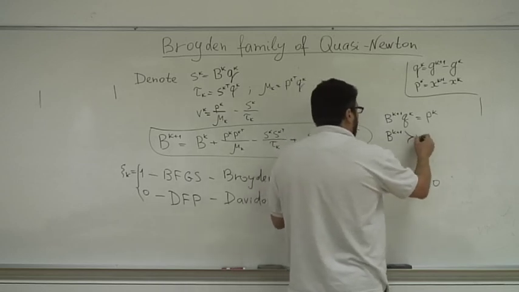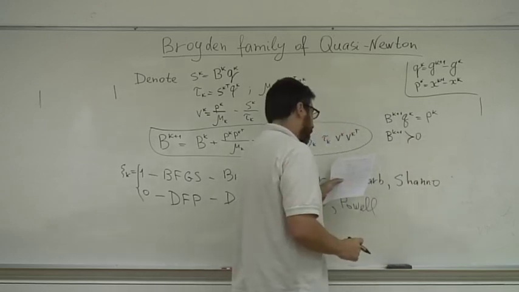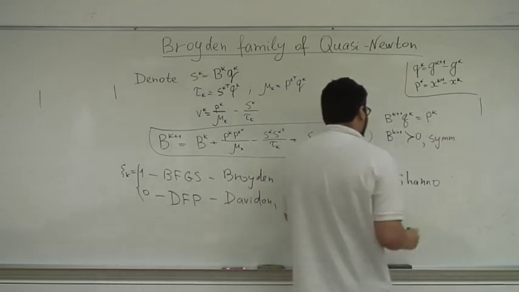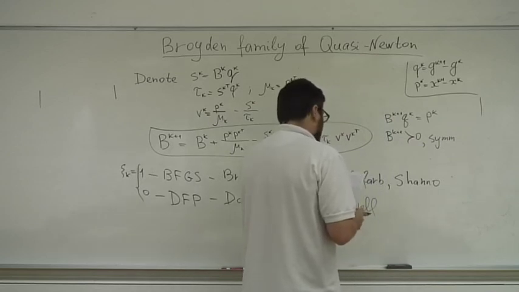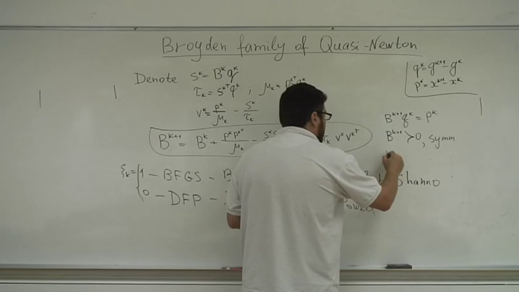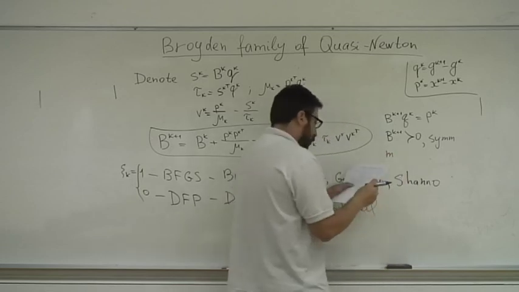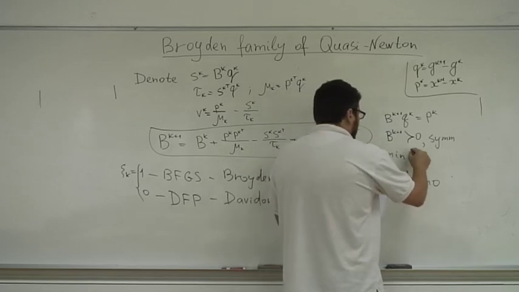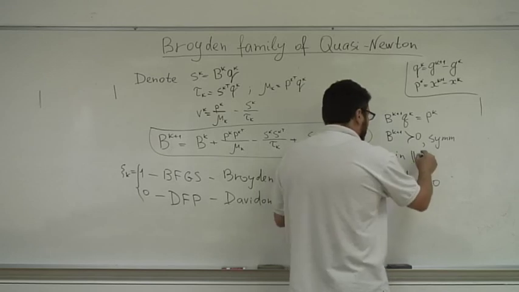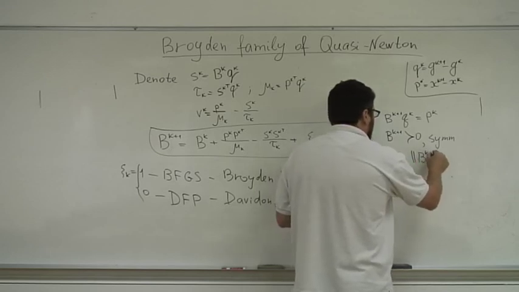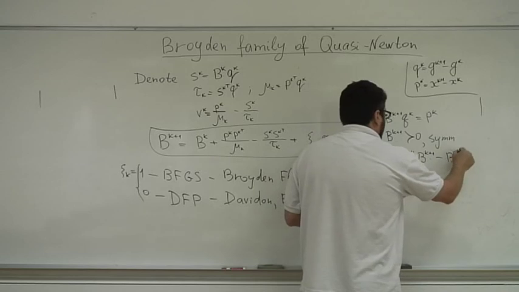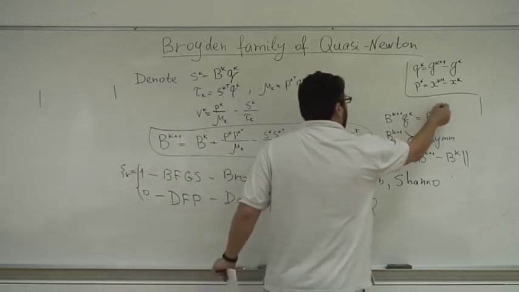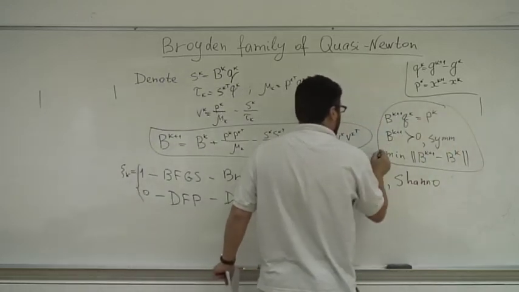This is sign for positive definite matrix. And symmetric. And it minimizes, in some sense, I will refer you to the book, for example, of Bertsekas, a norm of update, norm of difference B_{k+1} minus B_k. So when people developed this formula, they took into consideration all those properties.